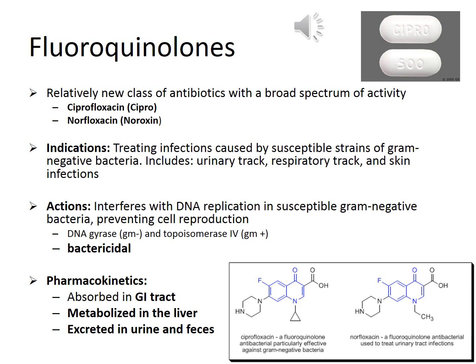If we look at the bottom right-hand corner at the structure of these antibiotics, the blue rings are the quinolone rings, and notice that they've got a fluorine off of them, and that's where they came up with the term fluoroquinolone. These typically are used to treat susceptible strains of gram-negative bacteria, but there is some gram-positive activity as well.